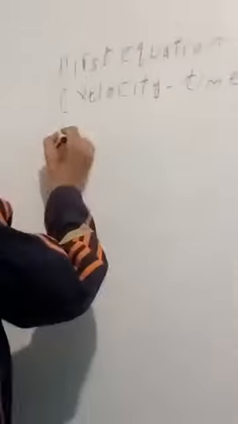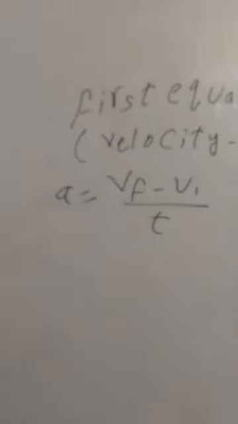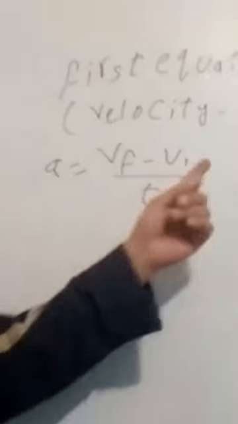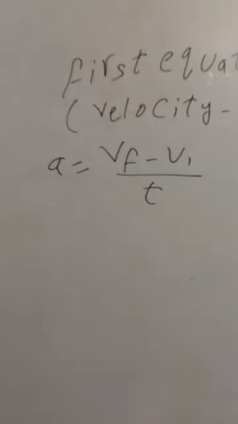We know that a equals Vf minus Vi over t, where a is acceleration, Vf is final velocity, Vi is initial velocity, and t is time.